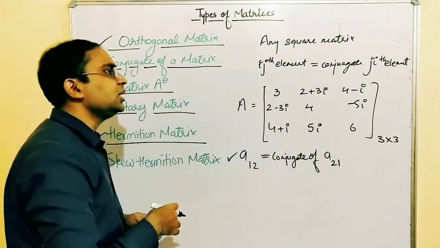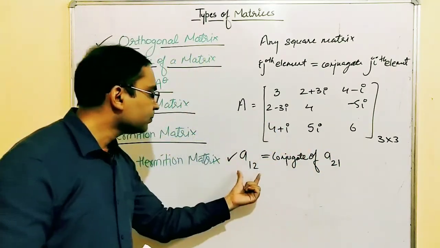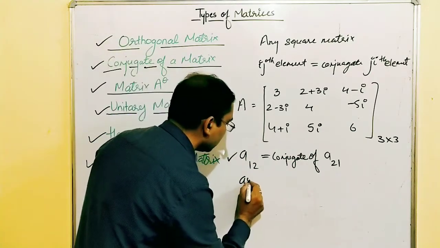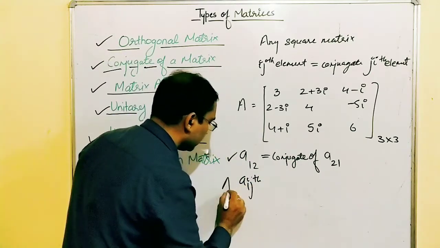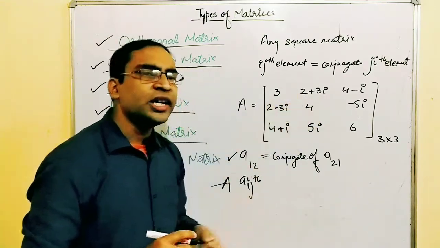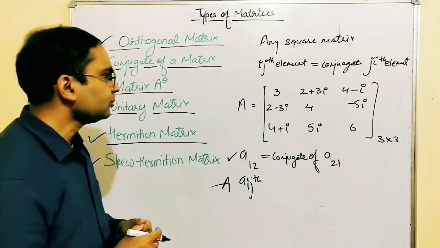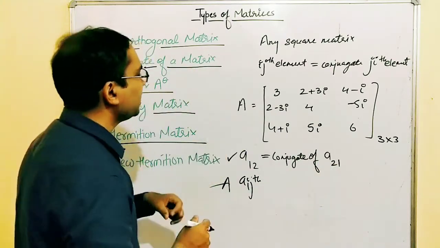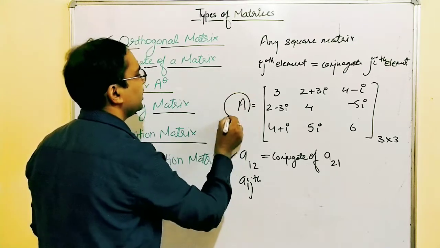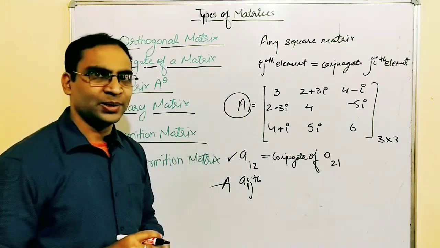So we can see that for all the elements in this matrix, the ijth element is the conjugate of the jith element. So this matrix will be termed as Hermitian matrix. This is the Hermitian matrix.